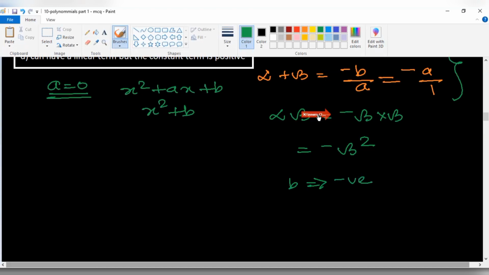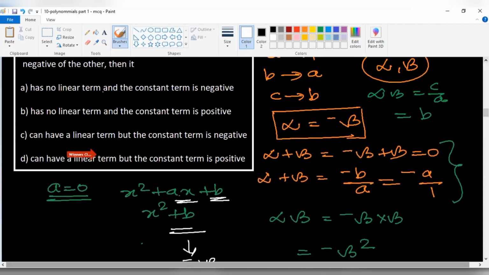Because alpha beta is negative, in this given expression b is negative. So there is no linear term, right? As a is 0, and the constant term is negative. b is always negative. So the correct option is A. Has no linear term and the constant term is negative.